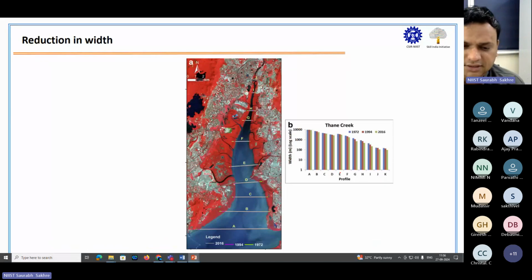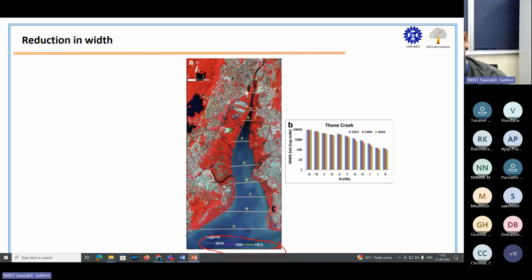So what we have done is that first we have taken one length here for all three years, that is 2016, 1994 and 1972. For all three years we have taken points A, B, C, D, E, F, G, H, I, J up to this point.